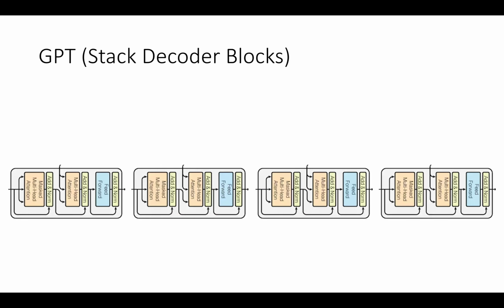Now GPT is actually a stack of decoders. We take decoders, stack them together, and it becomes GPT. As you remember, the difference between decoder and encoder is that the decoder has self-attention and also cross-attention, so here is what is coming out in here.